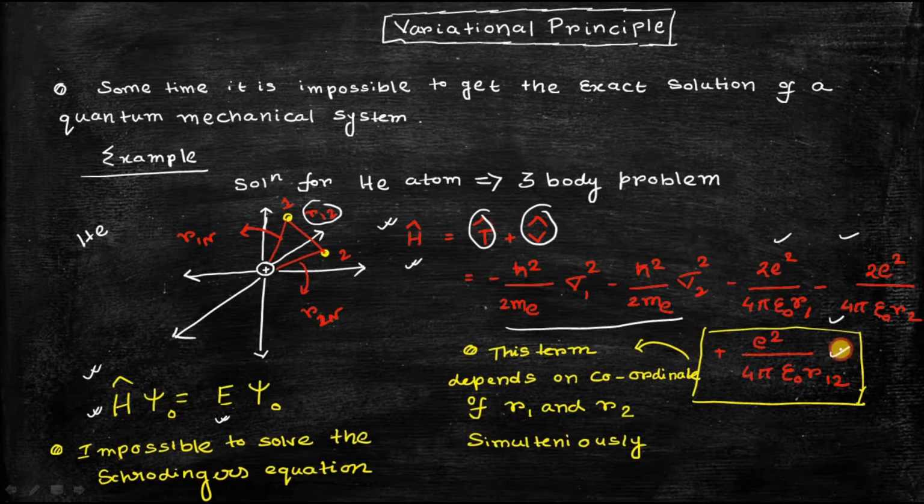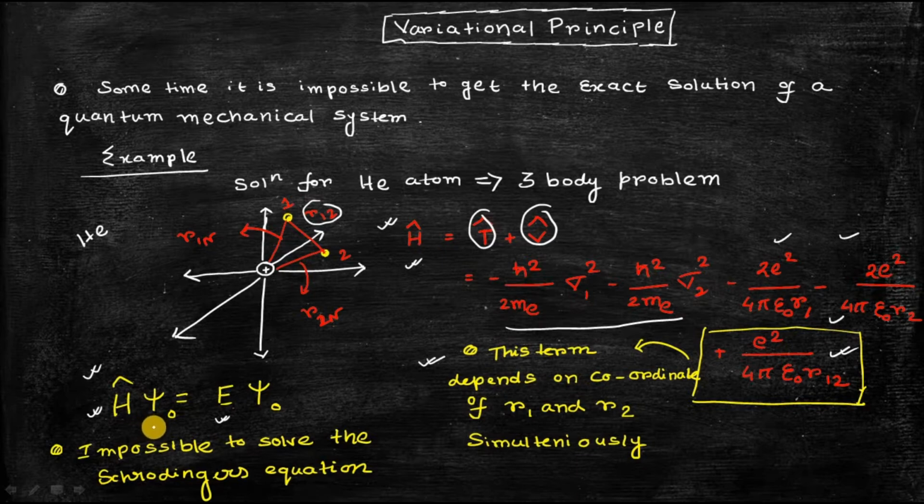But this term creates a problem, because in that term there is R12, the distance between the two electrons. So this term depends on the coordinates of both R1 and R2. We cannot separate this term into two independent terms by using separation of variables. Due to that problem we cannot get the exact solution for these types of systems.